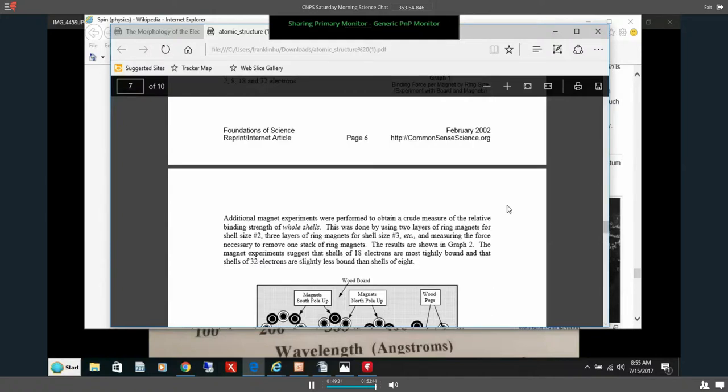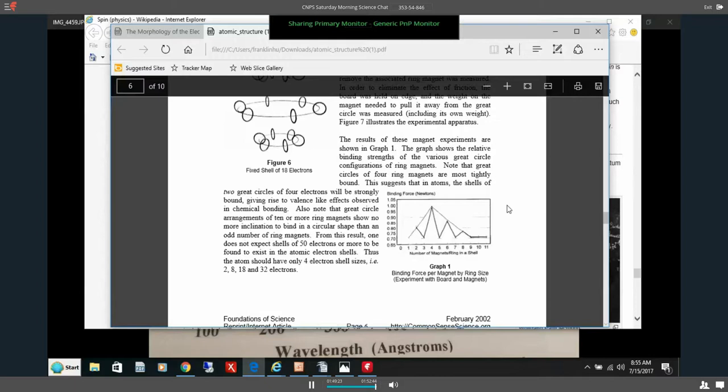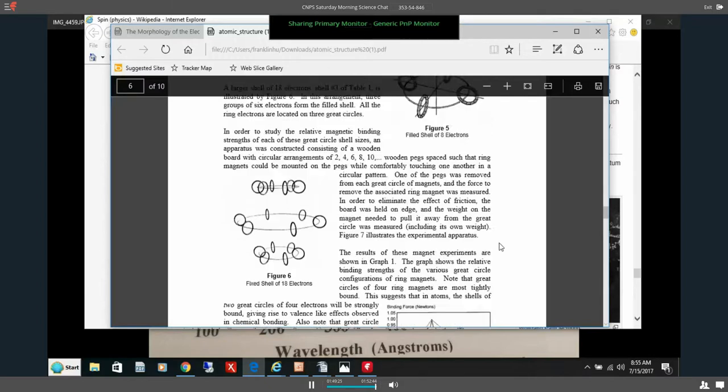Not one. They have modes, and these modes are exactly similar to the spectral lines.